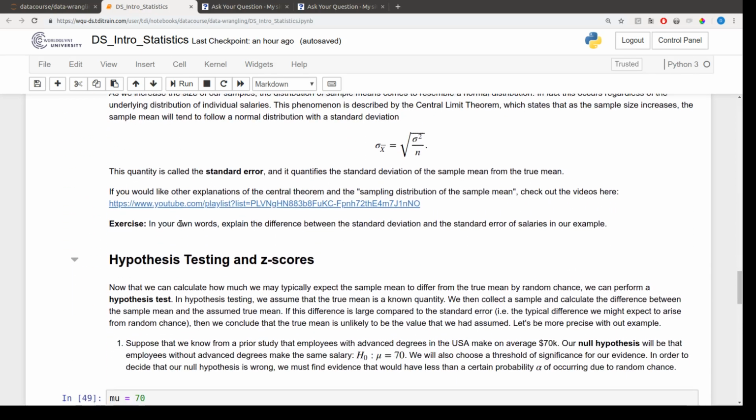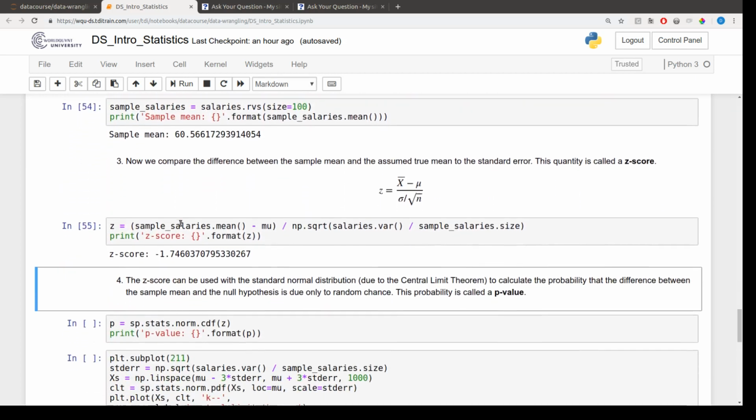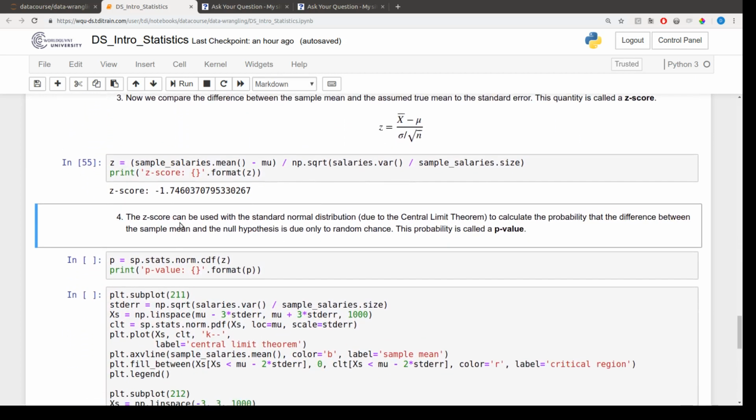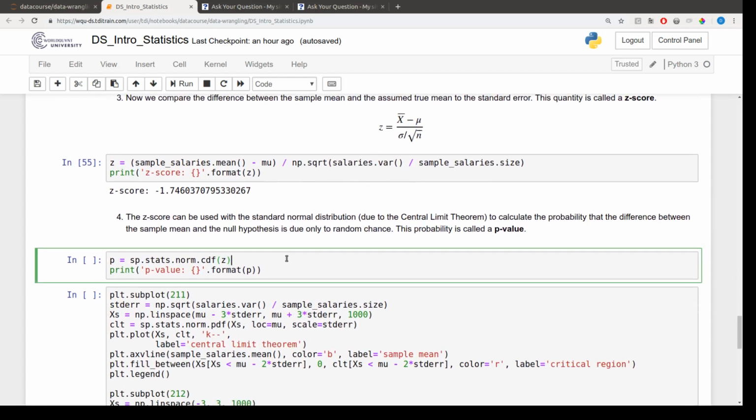And I'm going to do that in code, and then I'll show you visually how it's done. So in code, we take a standard normal distribution, and our probability is simply going to be the cumulative distribution function for our z-score.